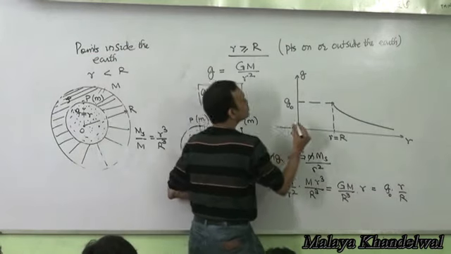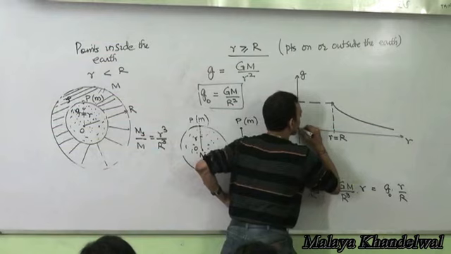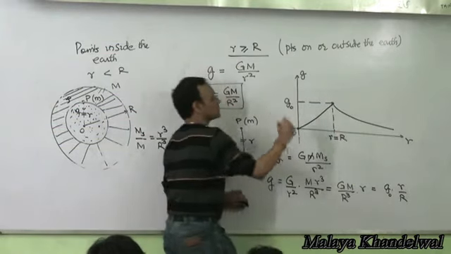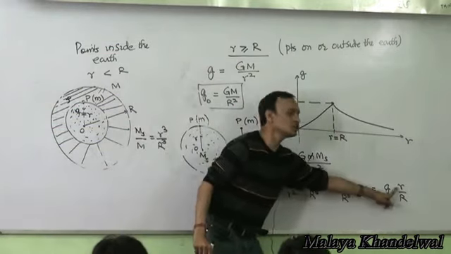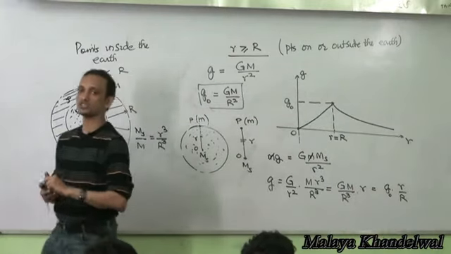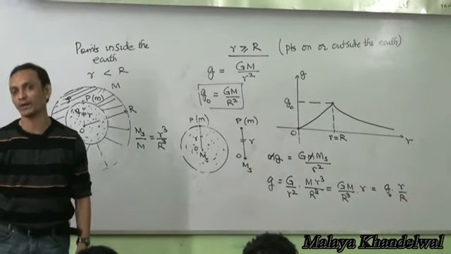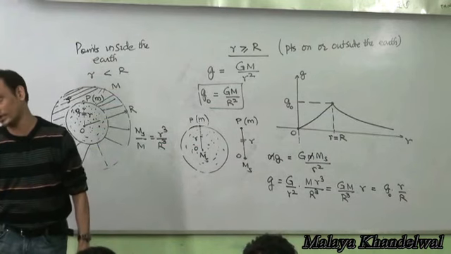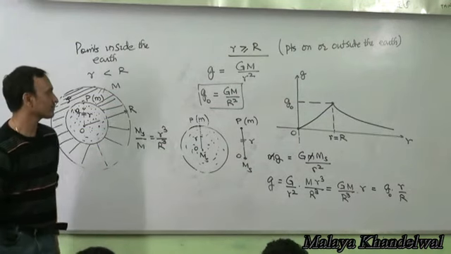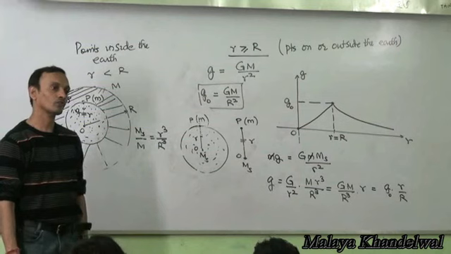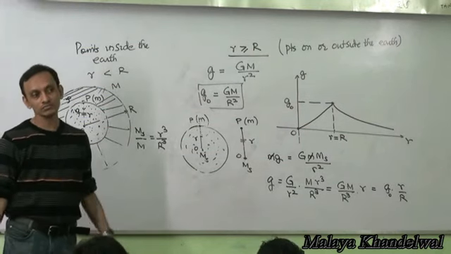So inside the earth, g varies linearly with distance from the center of the earth. Inside the earth, g is a linear function of small r. G is some constant times small r. G naught by R is that constant, the slope of the line. Clear?